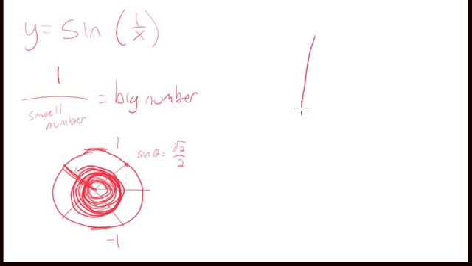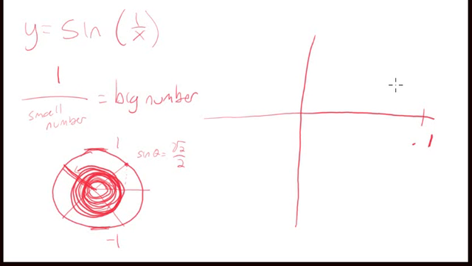And if you were to graph it and zoom in on it, you're going to see, like, here's 1. Way out there is 1. Let's say right here is 0.1. We're really zoomed in here, okay?